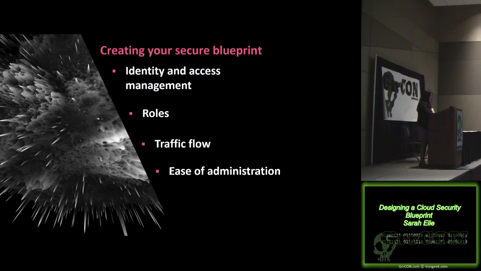For my AWS blueprint for the traffic flow and the ease of administration, I'm going to utilize VPCs to group my servers that don't require filtering in between them together. We saw how complicated managing the peering connections could become, so I'm going to utilize VPN connections to tunnel in between VPCs.